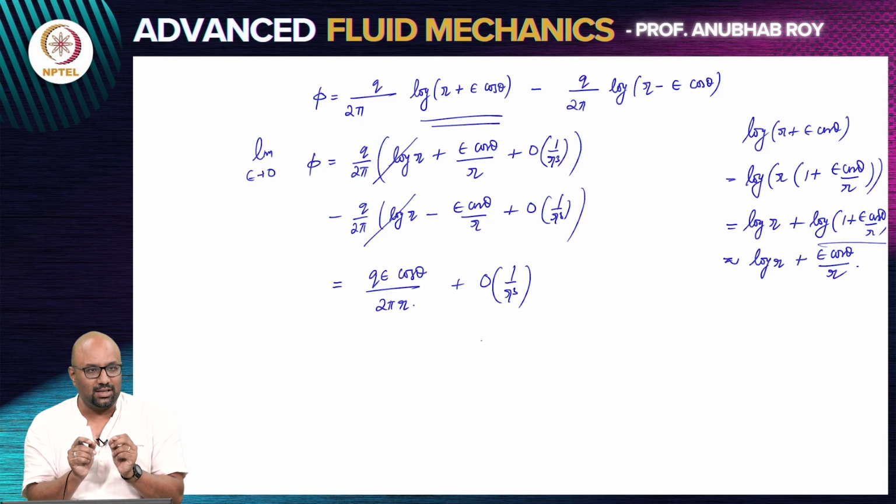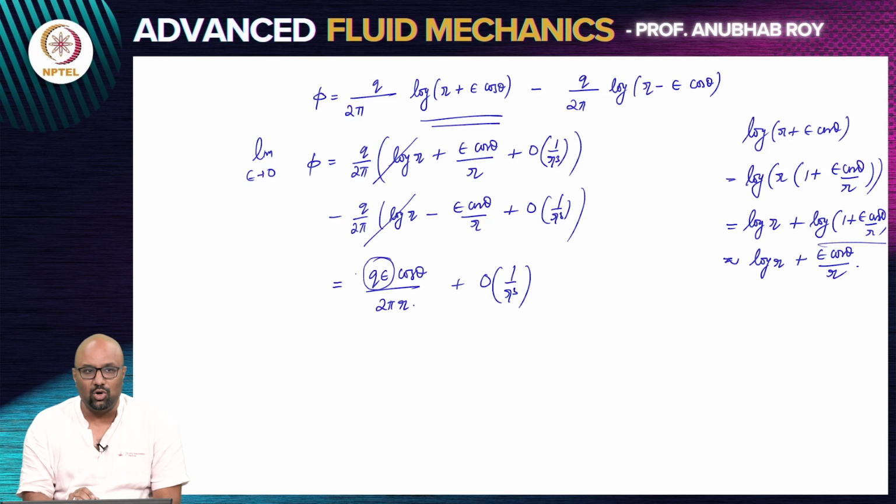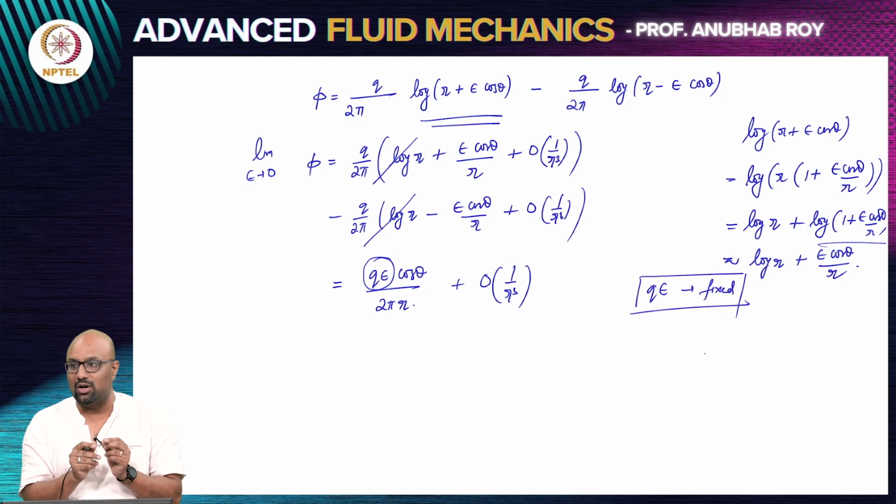But what if you bring them closer and closer while making sure that q times epsilon is held fixed? So, what is q times epsilon? Q is the strength of the source, epsilon is the distance. If q times epsilon is held fixed, that is the equivalent of what you do with charges, where you bring the two charges closer and closer, but the product of the charge times the separation is maintained constant, which is known as the strength of the dipole.